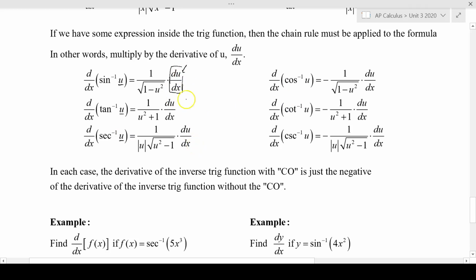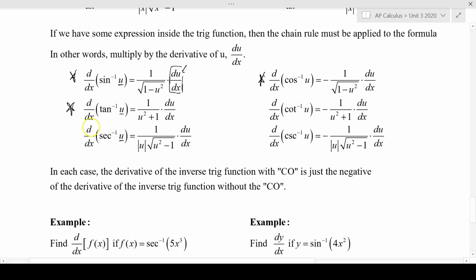The most heavily tested are going to be sine, cosine, and tangent. I had seen sine 3 times as likely, tangent 2 times as likely, and then cosine inverse would be 1. I would see the problems in that proportion, 3 to 2 to 1.